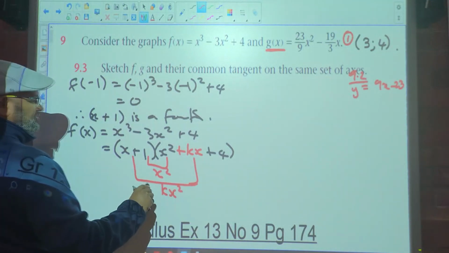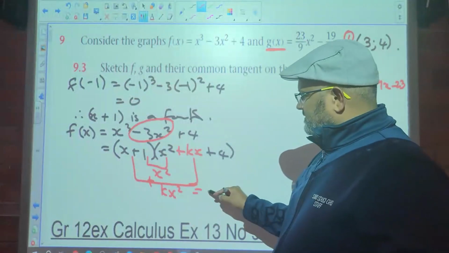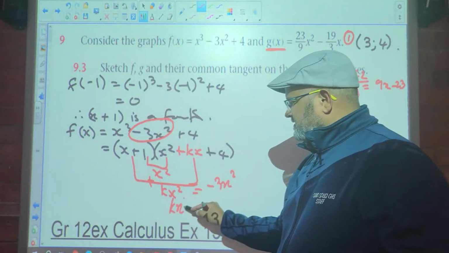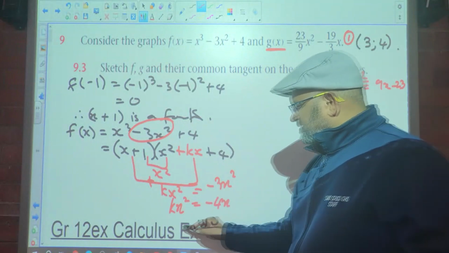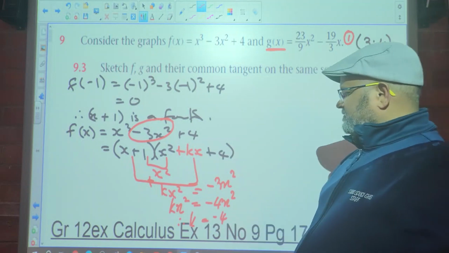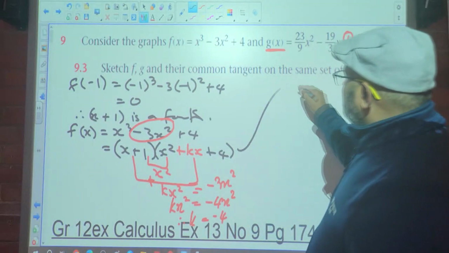But when I add this up, it must give me negative 3x squared. So kx squared is equal to negative 3x squared minus x squared, which is negative 4x squared. So therefore, k is equal to negative 4.